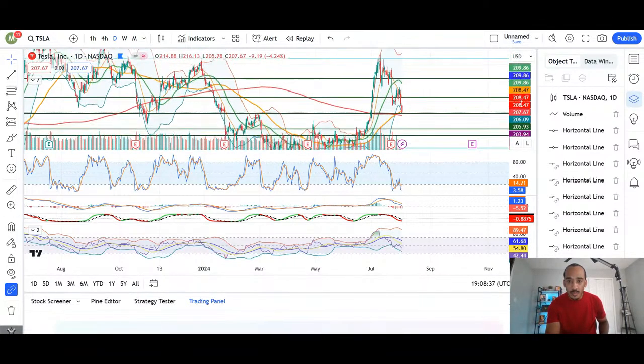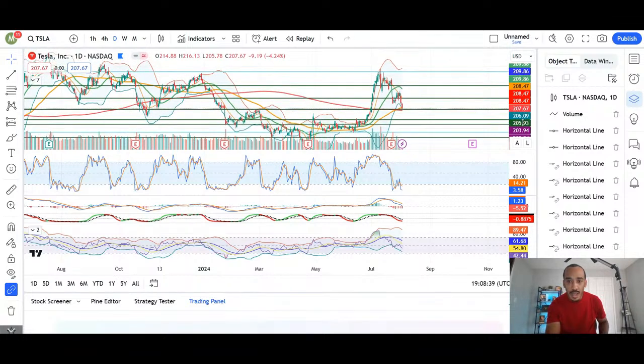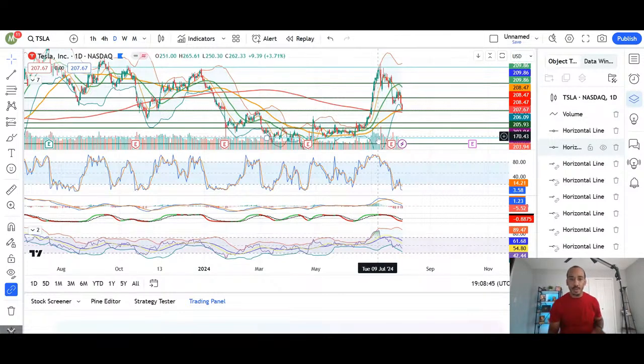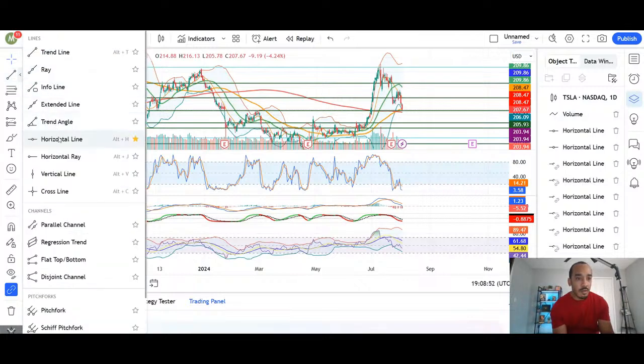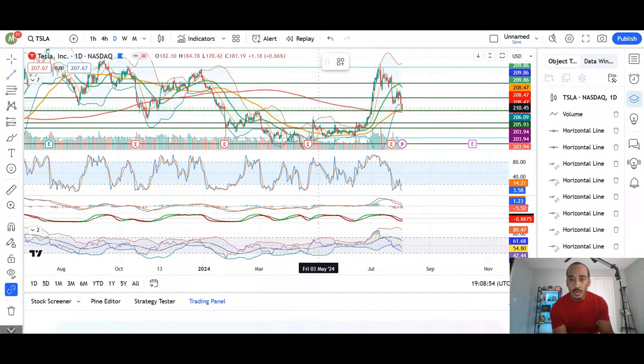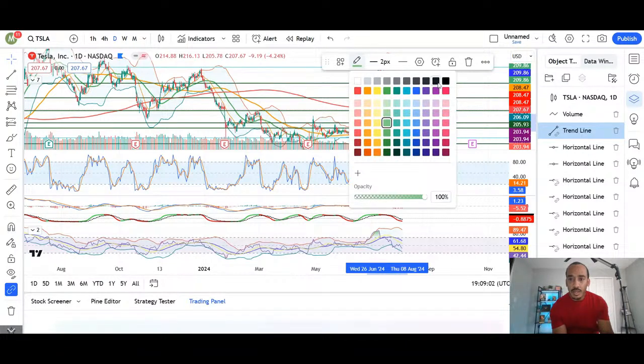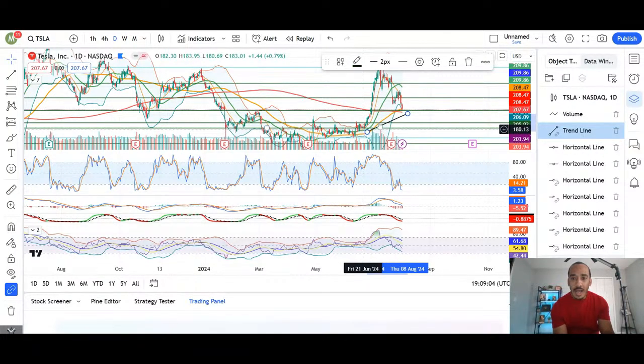All right, so there's a couple reasons why I like Tesla, right? I like Tesla because I like to trade divergence and I see a divergence on Tesla. If y'all remember from the beginning of the lesson, we got, why is this green? Make it black so we can see. So we got higher lows. This is on a daily time frame.